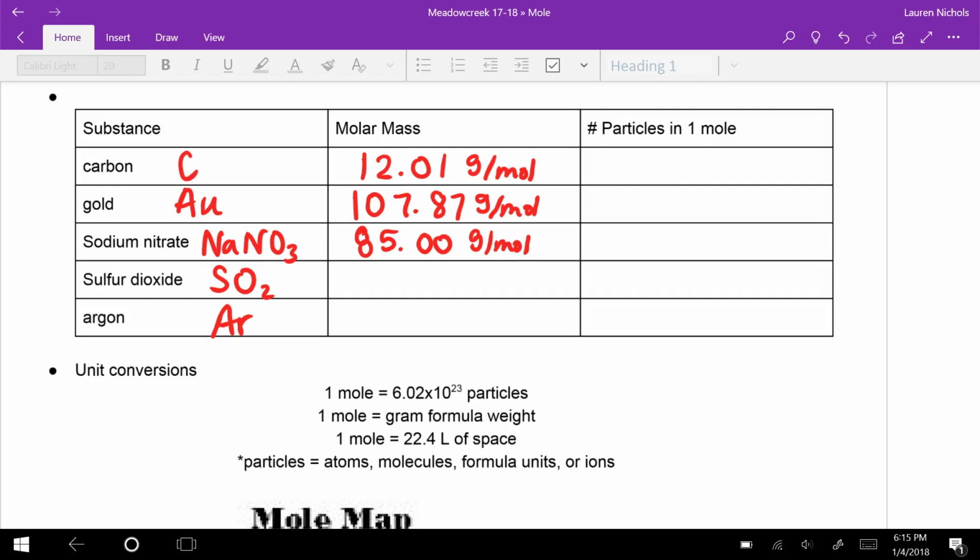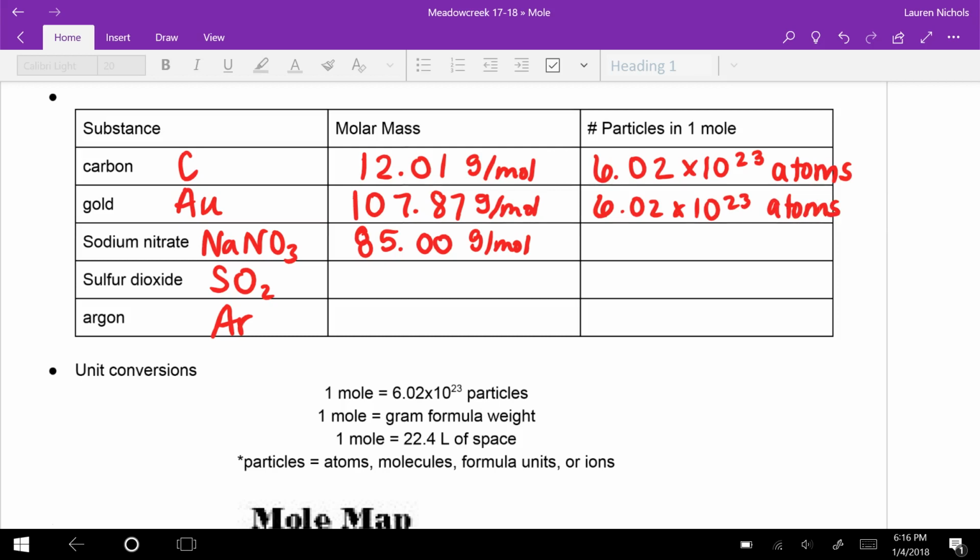But the key thing about this is regardless of the molar mass, the number of particles is always going to be the same. The number of particles is Avogadro's number. So 1 mole of carbon always has 6.02 times 10 to the 23 atoms in it, whereas gold is also going to have 6.02 times 10 to the 23 atoms in it.